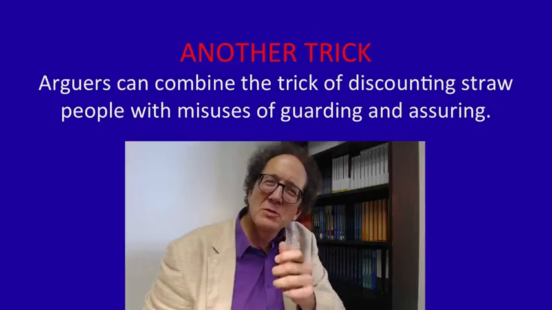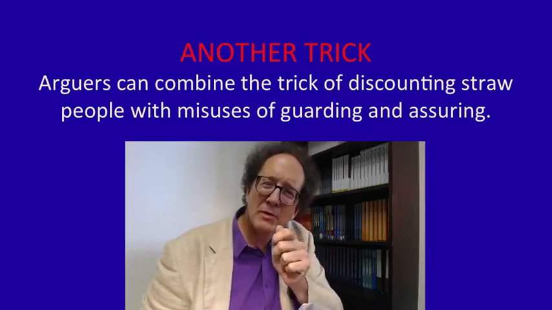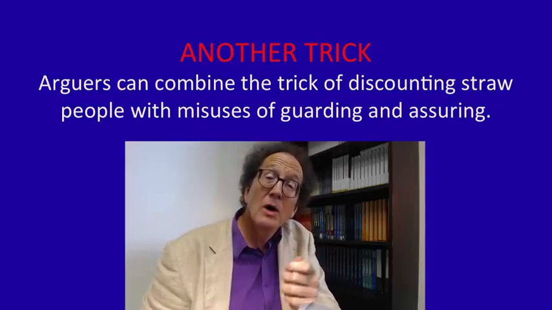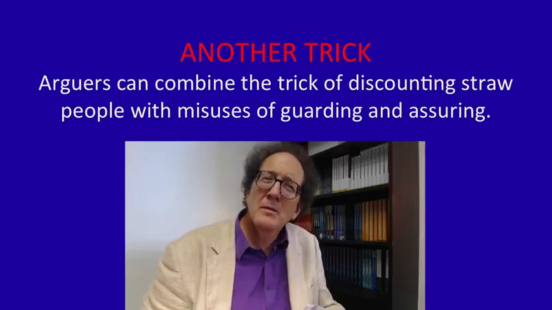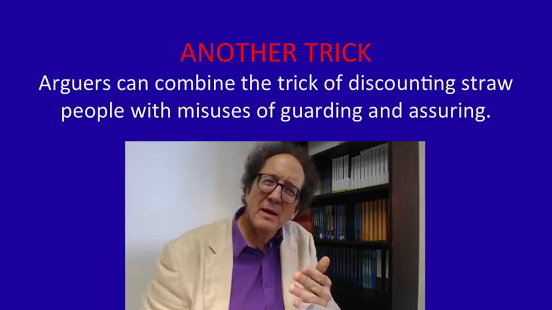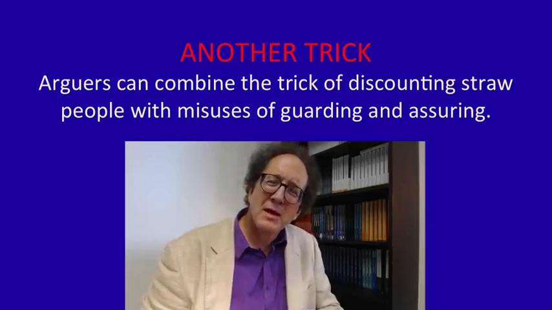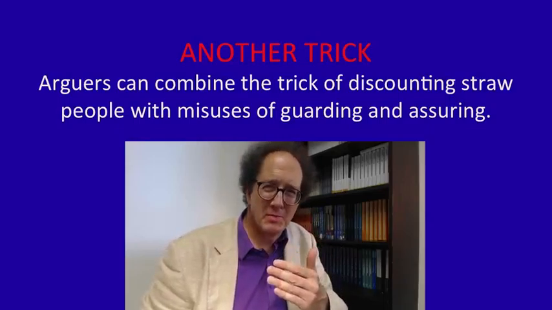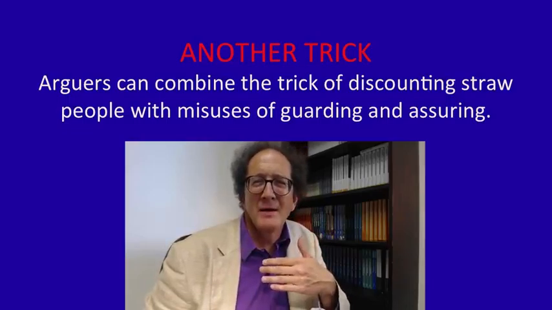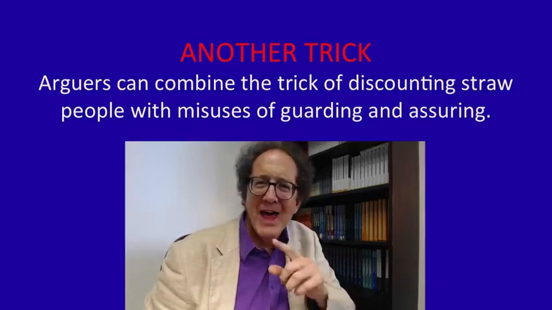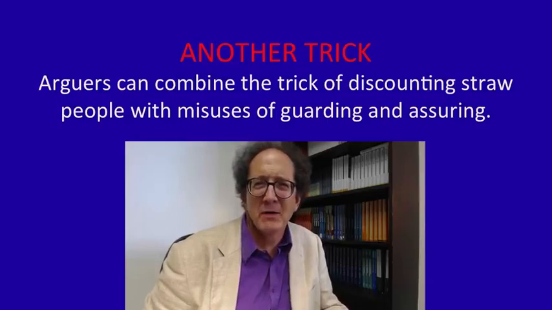So by using discounting terms along with guarding terms and also assuring terms, you can make moves in argument that will point people towards issues that are framed in the way you want them to be framed instead of the way that they want them to be framed. That's the trick that you have to learn to watch out for.